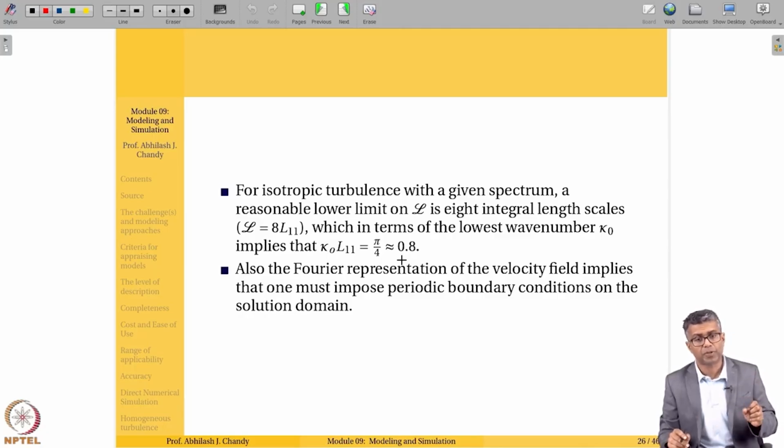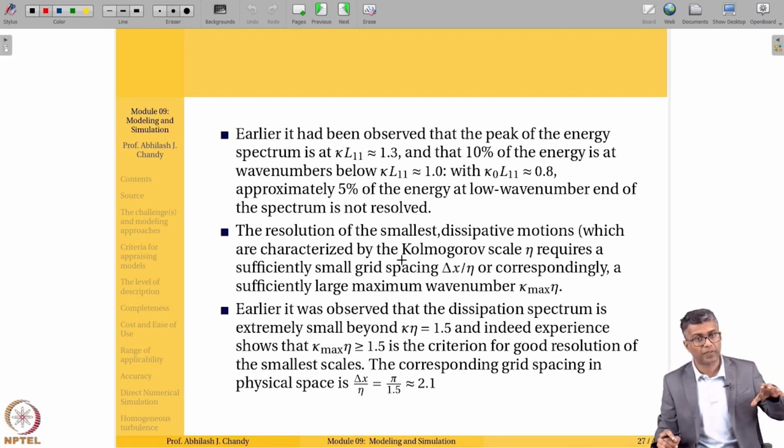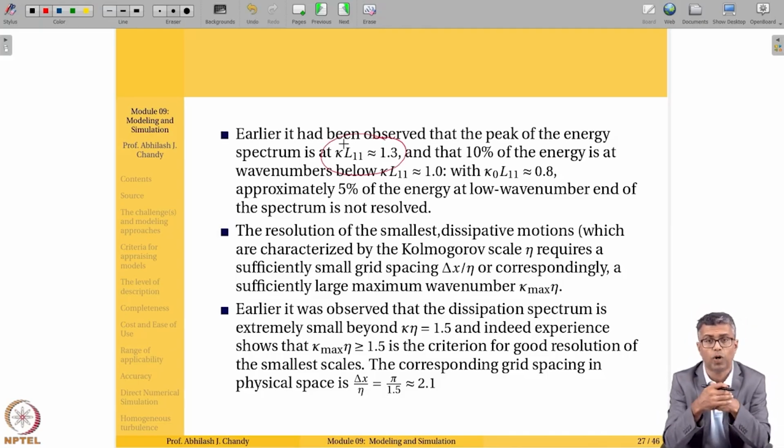Now because of the Fourier representation of the velocity field, you have to implement periodic boundary conditions. We know that. And when we did this analysis of this 80% of the energy being in between 6 L0 and 1/6 L0, we noticed that the peak of the energy spectrum is at kappa L11 approximately equal to 1.3.